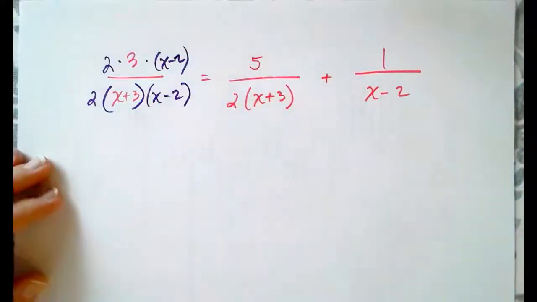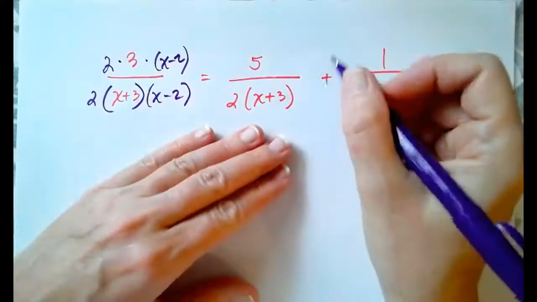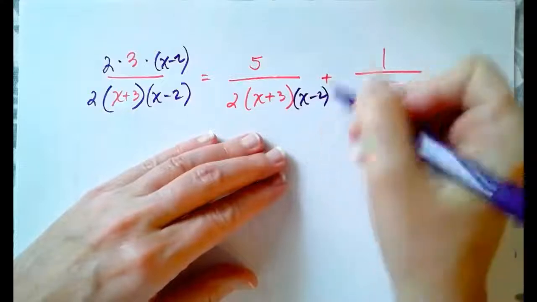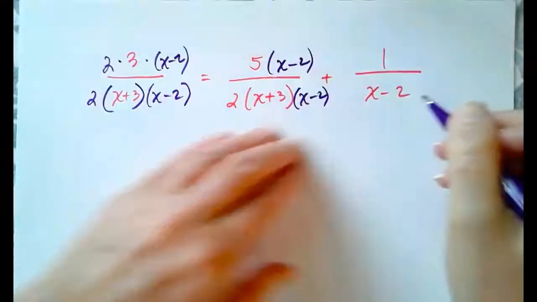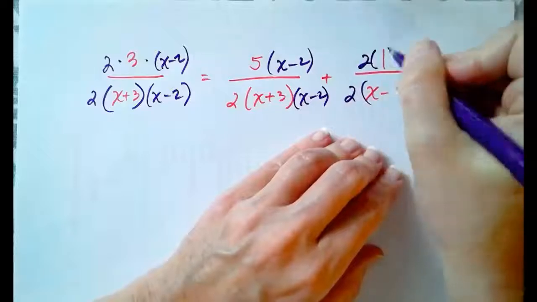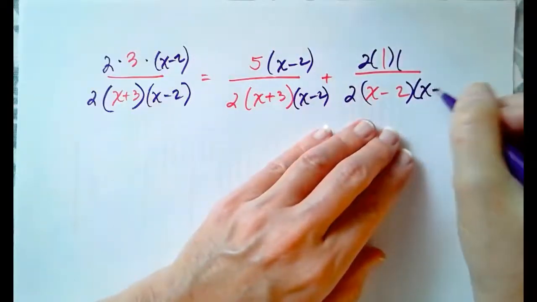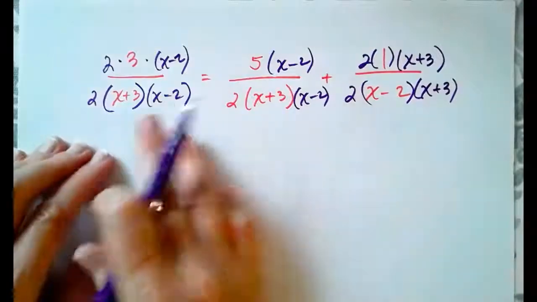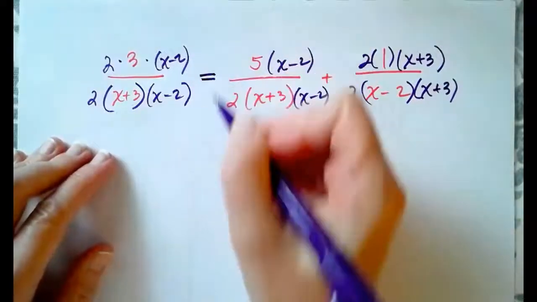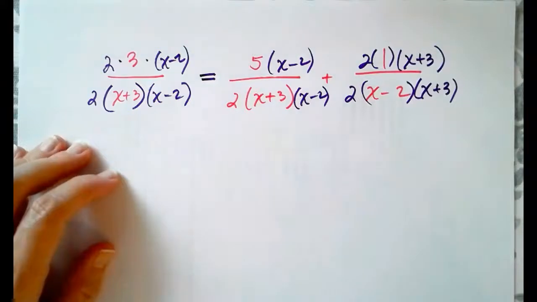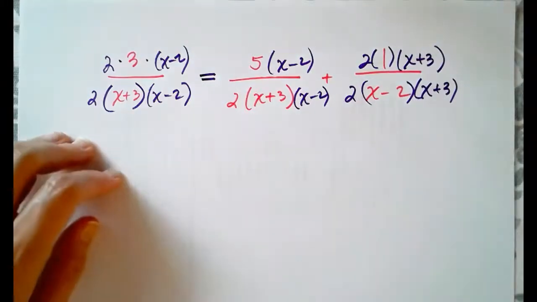It's the same what's-missing type of preparation. What is this guy missing? x minus 2. And what is this guy missing? He's missing a 2, and he's missing an x plus 3. So we just established the common denominator all the way across the equation, just like we did in the previous chapter.